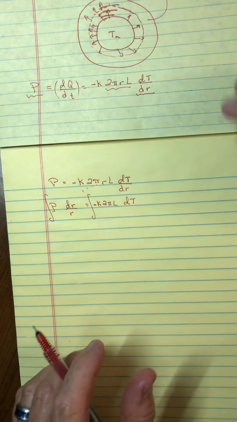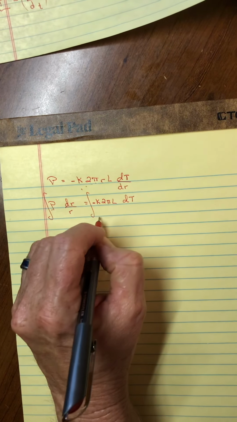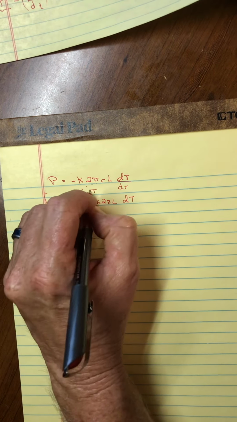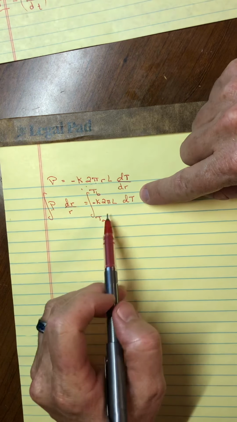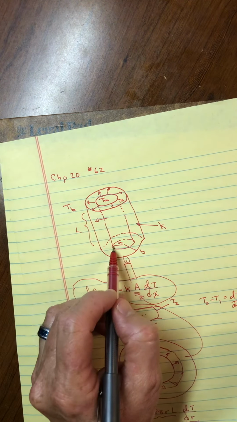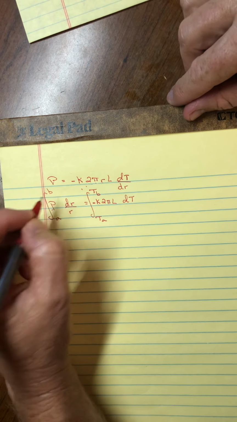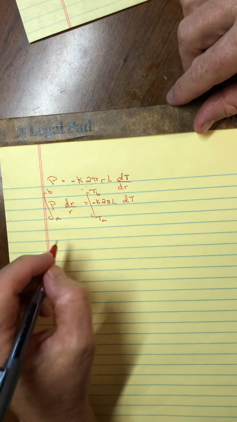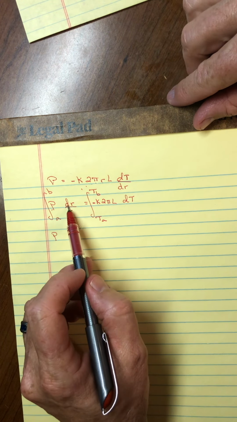So in this case, if we start from the inner part, we would be starting at a temperature of TA and going to the outer part, which is a temperature of TB. So there's the limits of the temperature. And the limits of the radius, as we said back here, would be from the inner radius A to the outer radius B. So this would be from A to B. And so if we actually do this integral, we've got the P, and then we've got the integral here of dr over r.